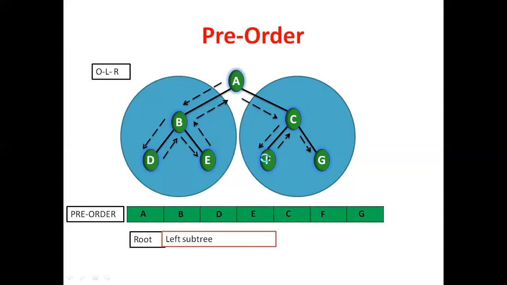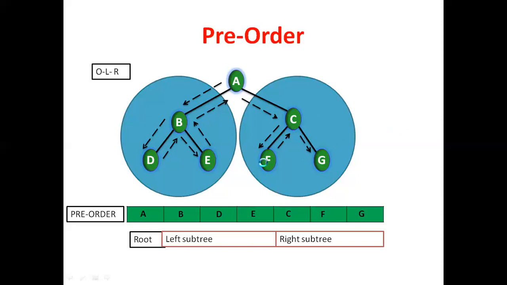Now coming to the right subtree. In the right subtree, what is the root node? C is the root node. C visited. O, then after L is F, and after R, right, is G, right? So according to the Euler formula, in our tree, root completed, left completed, right subtree completed. So this is the pre-order for our following binary tree diagram.